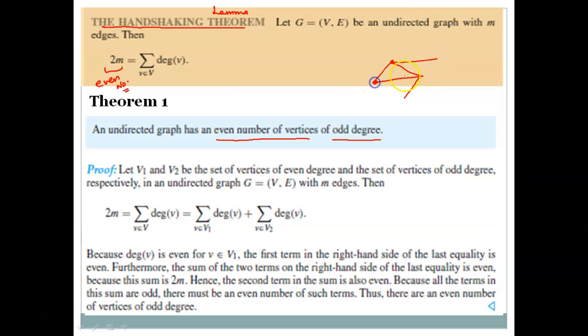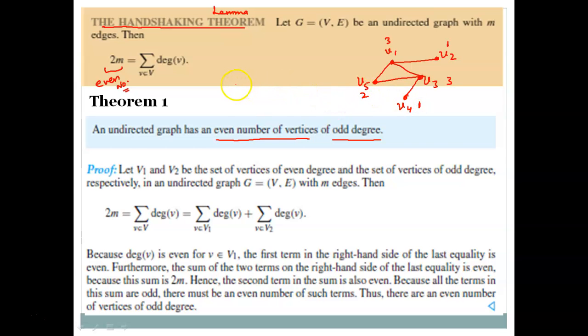In this graph, certain vertices are there, v1, v2, v3, v4, and v5. I am writing the degree of each of the vertices here. Degree of this vertex is 3. Degree of this vertex is 1. Degree of this vertex is 1, 2, 3. This degree is 1 and this is 2.